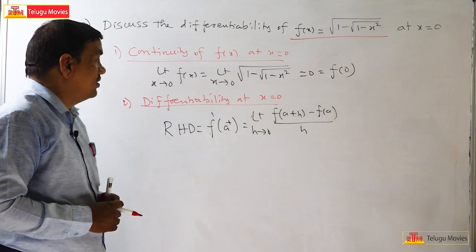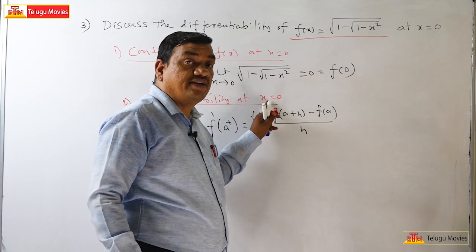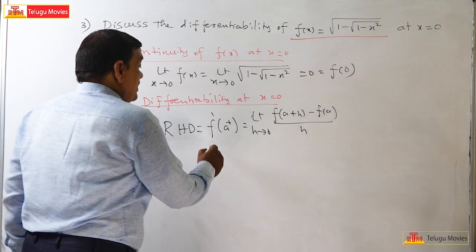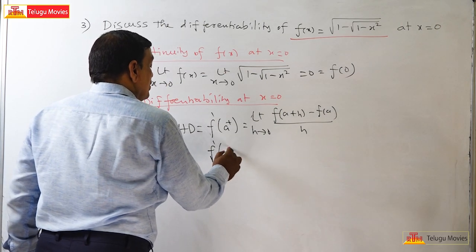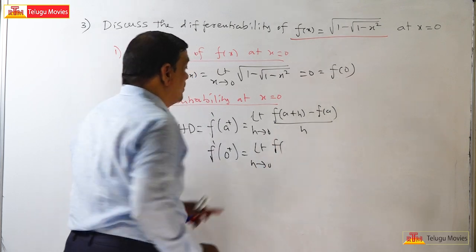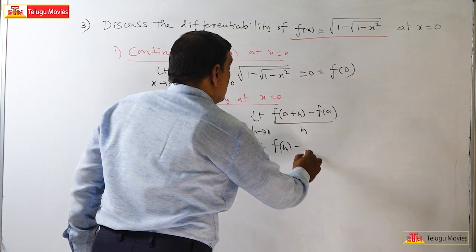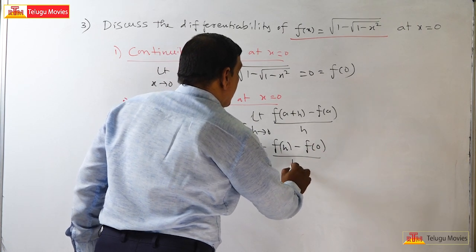Now, we are finding at x is equal to a, x is equal to 0. That means f dash of 0 plus, limit h tends to 0, f of 0 plus h, f of h minus f of 0 by h.